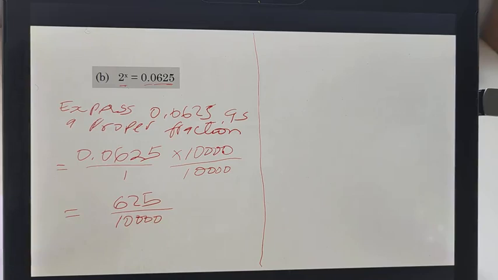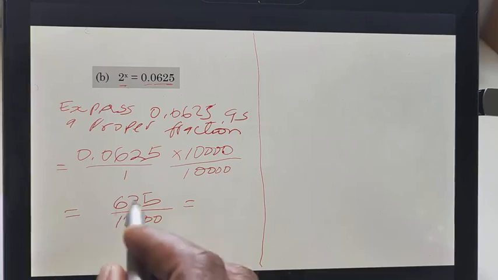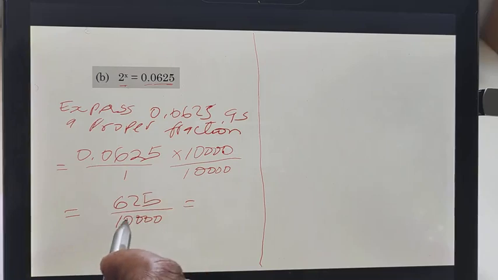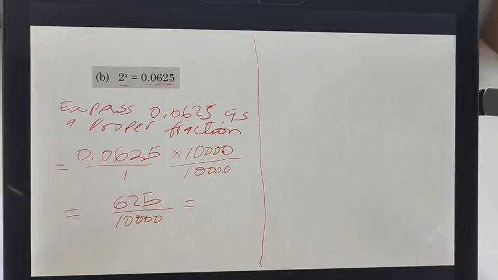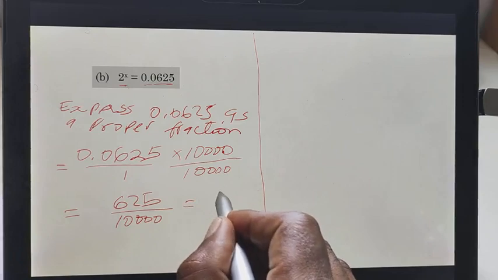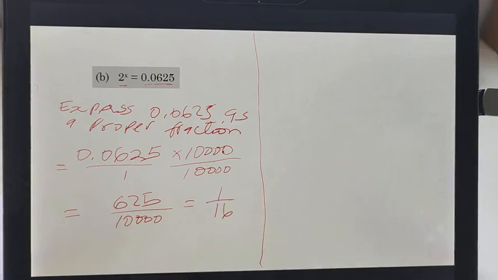Okay. So if you simplify that, you will find out that 625 over 10,000 is equal to 1 over 16.